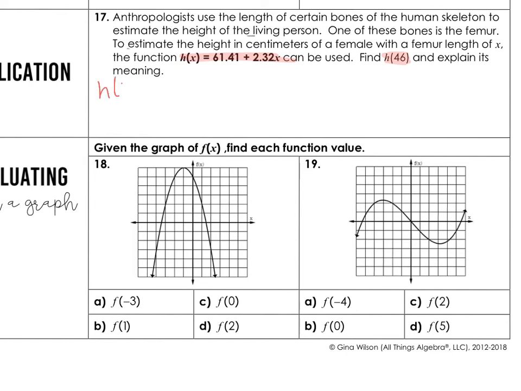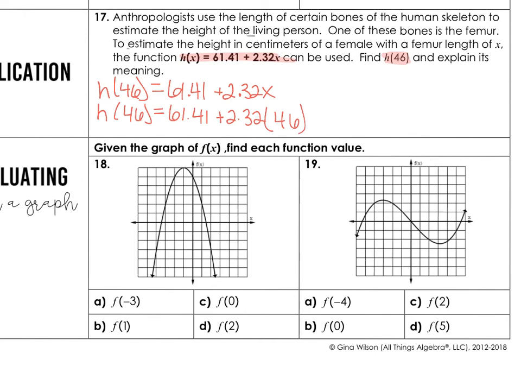I'm going to do h of 46 equals 61 and 41 hundredths plus 2 and 32 hundredths x. And now I'm going to plug in my 46 with parentheses. And when I put that whole thing in, you should get 168 and 13 hundredths.